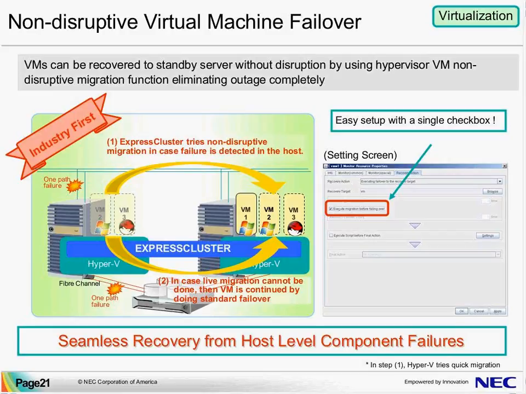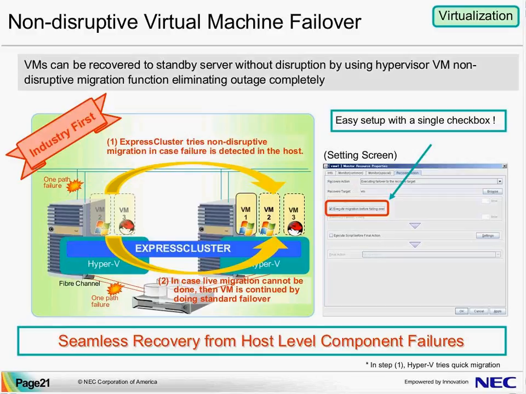For example, in Hyper-V, there is the quick migration capability, and in vSphere or VMware, there is the live migration capability. So ExpressCluster can now be configured to first try a live migration or quick migration to avoid any disruption of virtual machine workloads when there's a problem detected.